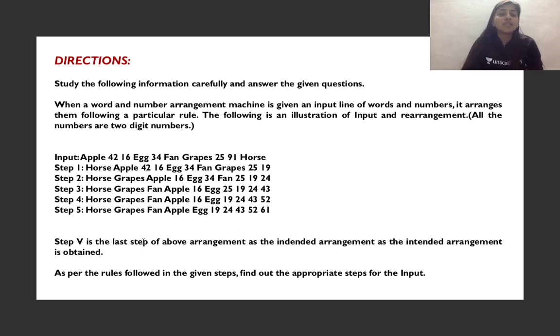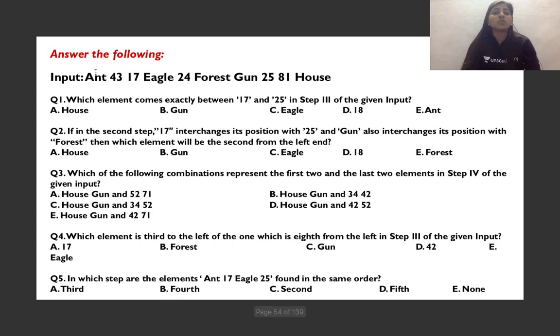So if step 5 is the final step, you will have to compare the input with step 5 and figure out what operation would have been applied. Also observe what changes have been done from step to step, because the same operation you will have to apply to this new input.